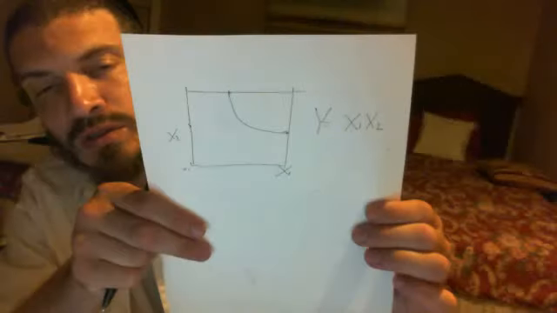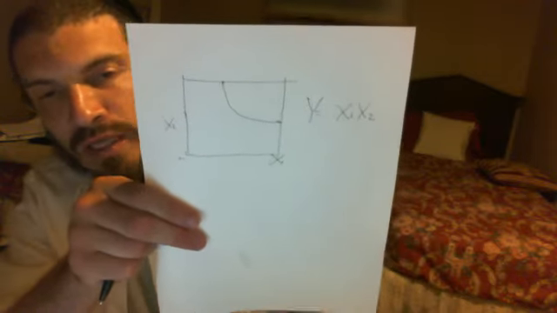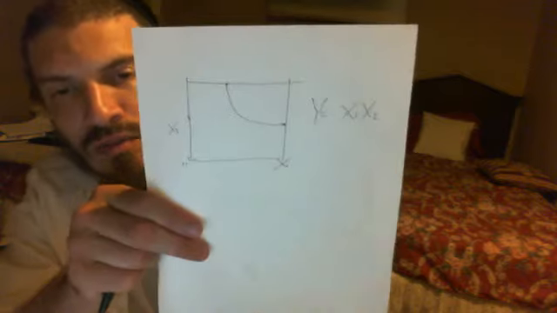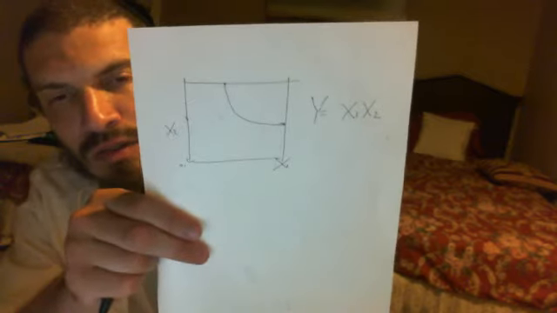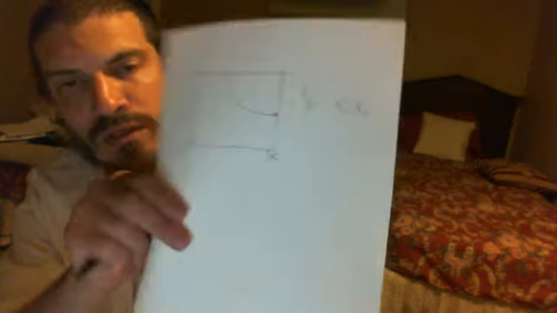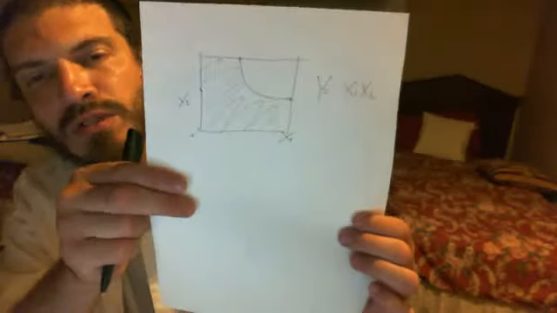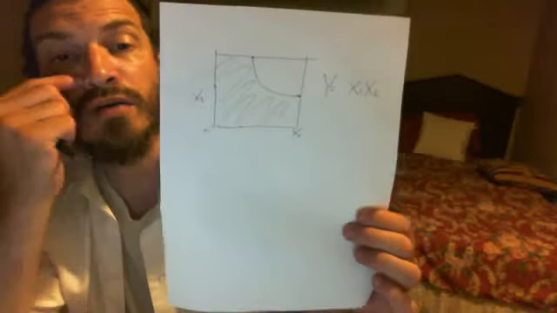That shows all the points of this plane, x1 and x2, where x1 times x2 is equal to a half. And obviously, the shaded area will be all the points where x times y is a half or less than a half.